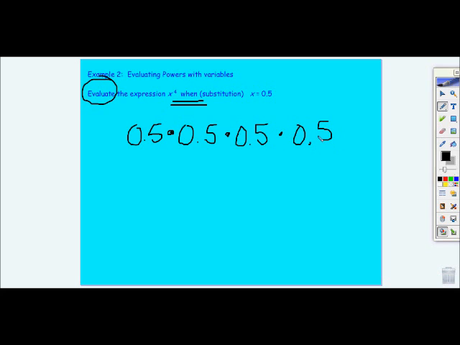There is an exponent button on most calculators, so I can help you do that in class if you need to. You could also get this product first and this product and multiply those two products together. And what you should come up with, and using your calculator is perfectly fine, would be 0.0625.